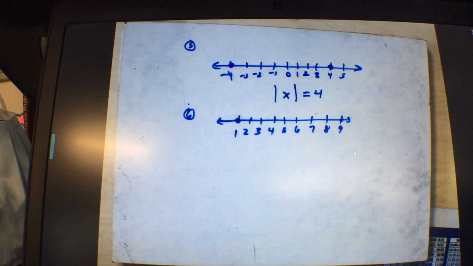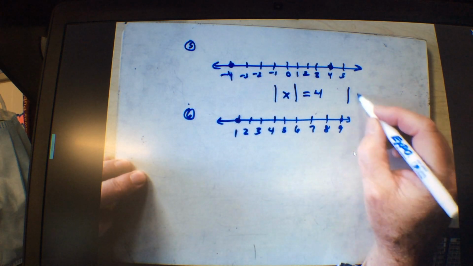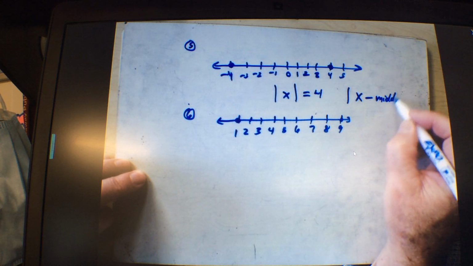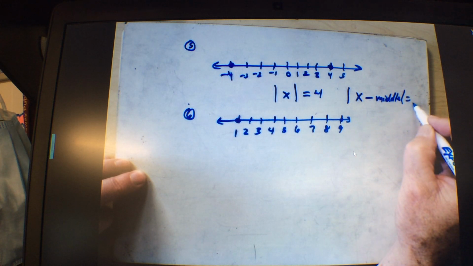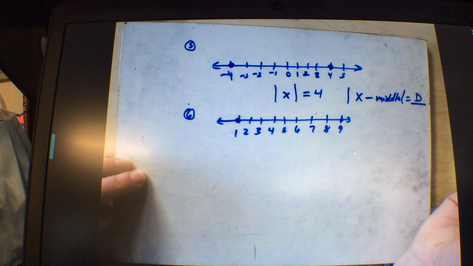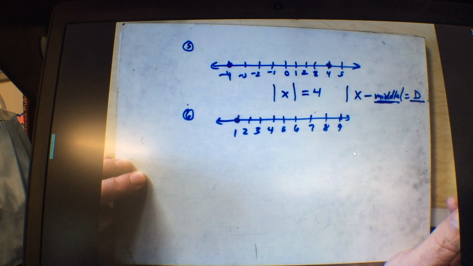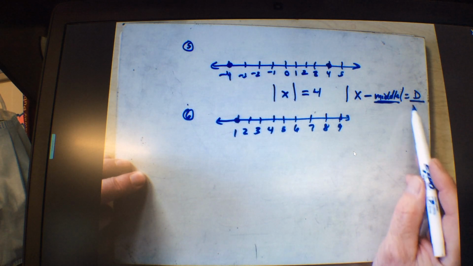Okay, I'm just going to cut to the chase, right? 0's not in the middle, right? Your absolute value should always be x minus your middle number equals the distance. Remember that. Your middle is whatever number's in the middle between the 2 points, and then it equals the distance.